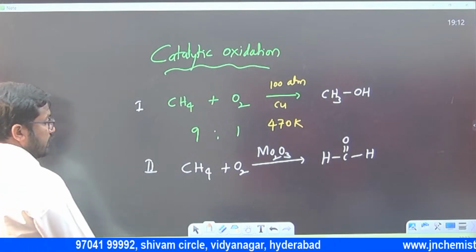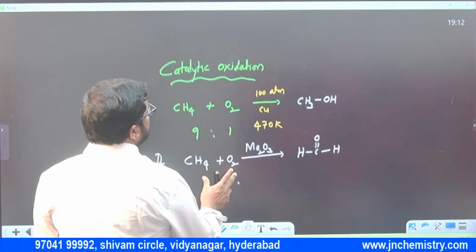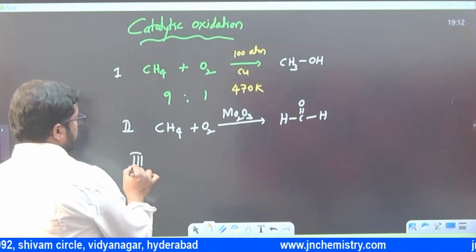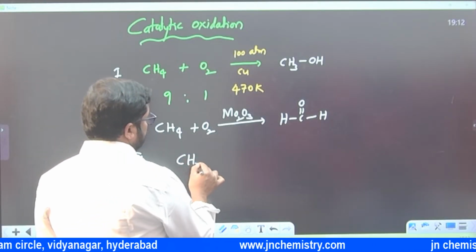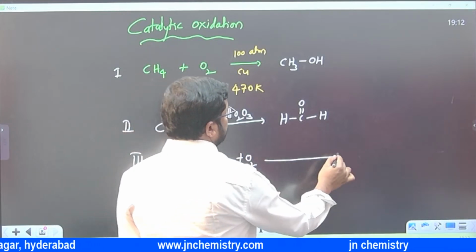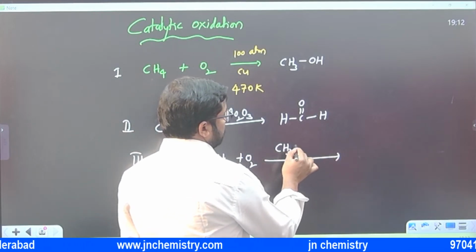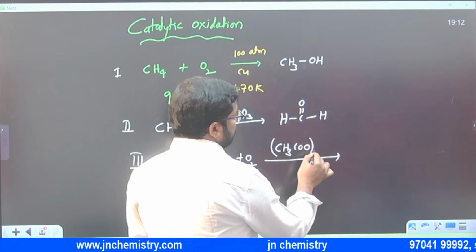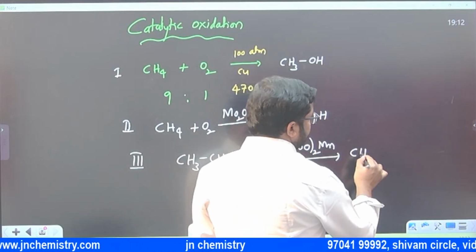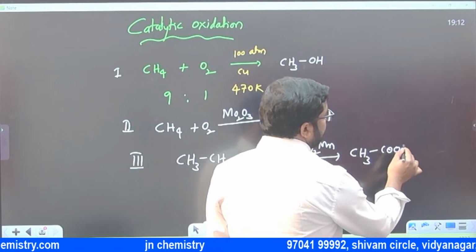For example, if you are using manganese acetate, we will get carboxylic acid. Generally, higher alkanes we will get.